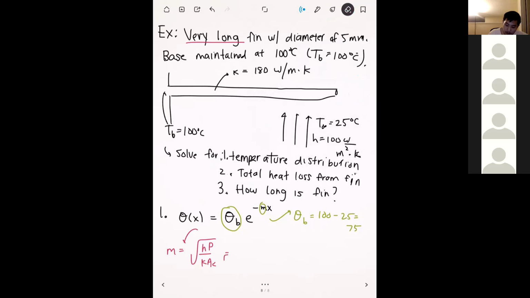We have all these parameters from the problem, though of course you'd have to compute the perimeter and the cross-sectional area from the radius. If you plug all that in, you should get an m of 21.08.